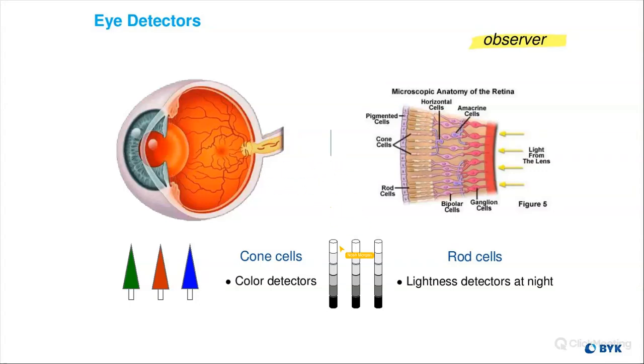But it's not true, because it's not taking any of the rod cells or our lightness detectors into account. It's only looking at the cone cells. And so historically, everybody used the 2 degree observer, but since then, more science came out and more information was released.